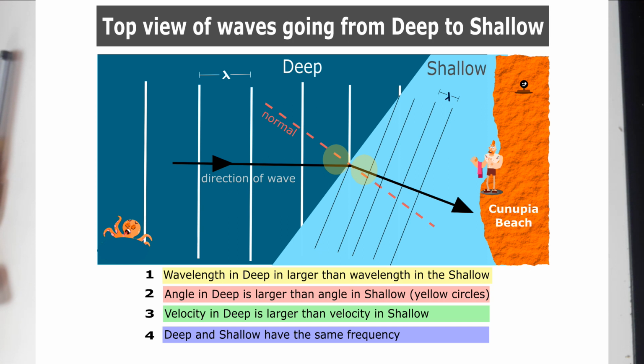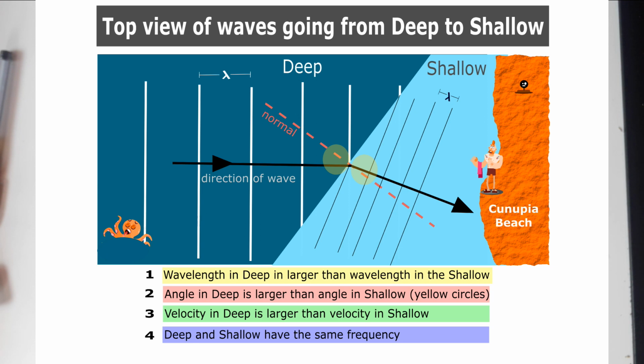You will notice that in the deep region, the angle between the direction of the wave and the normal is larger than the angle between the direction of the wave in the shallow region and the normal. So if you look at the two yellow circles, the circle more to the left, that angle is larger than the angle to the right.